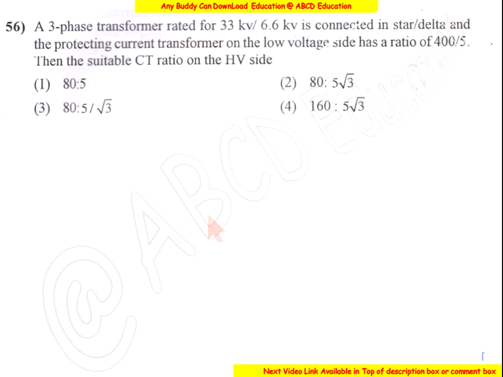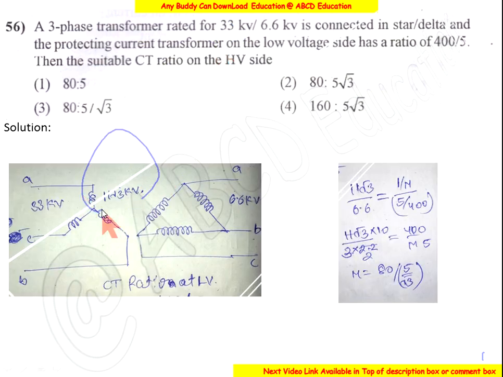Then the suitable CT ratio on the HV side is... So we know that this is the transformer, star and delta, and the phase voltage of this star side is 11/√3 kV. Why is it inversely? Because this is the current ratio, not a voltage ratio.